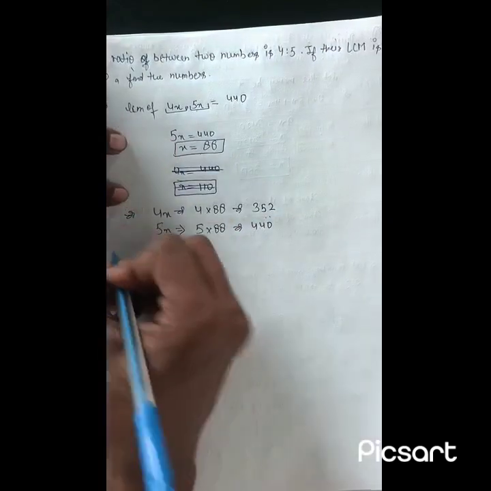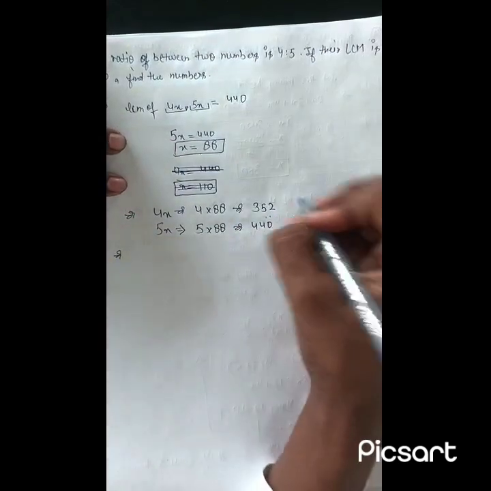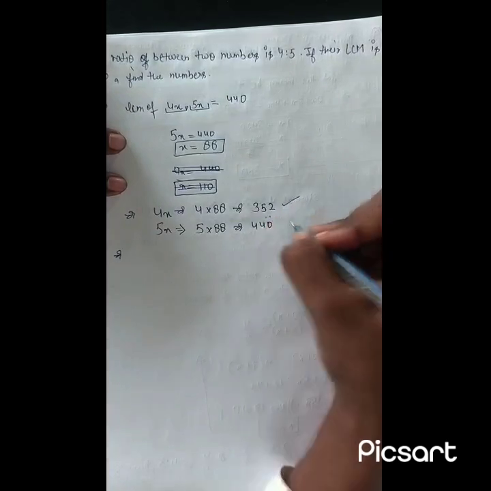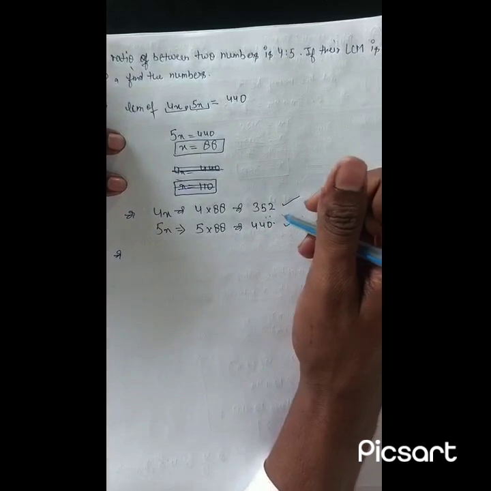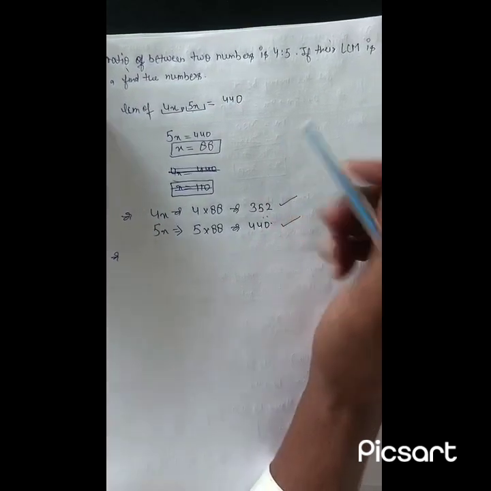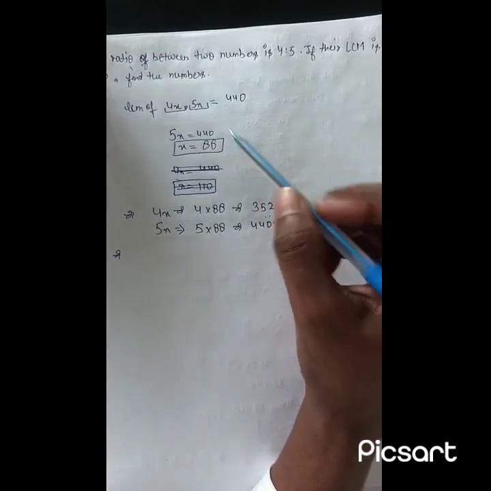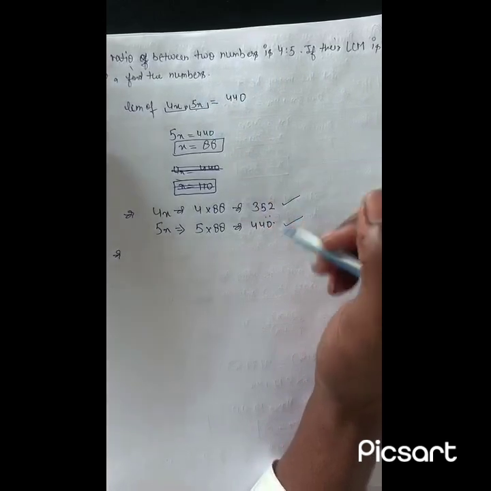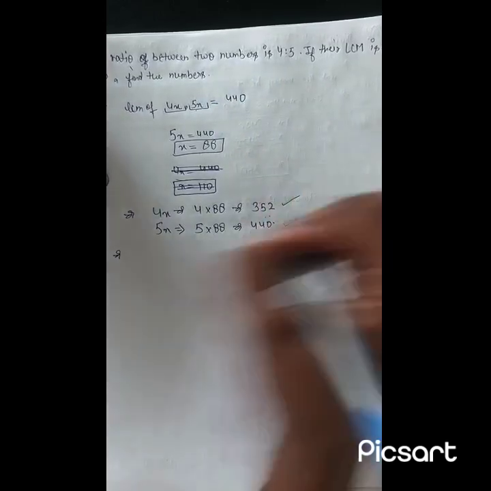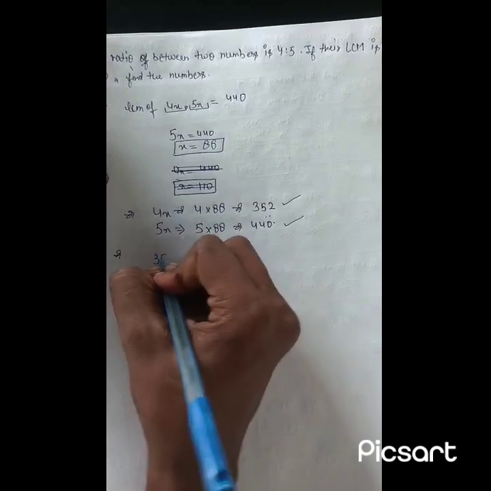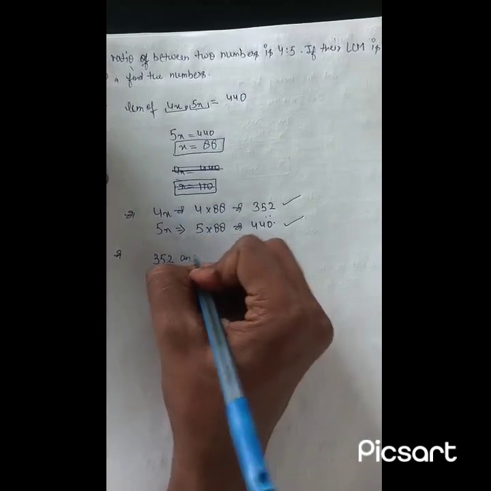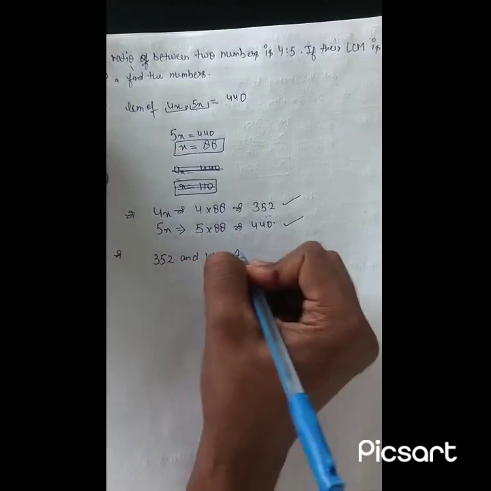So here we have the first value and the second value, whose LCM we get, and their ratio is 4 is to 5. So hence your answer is 352 and 440.